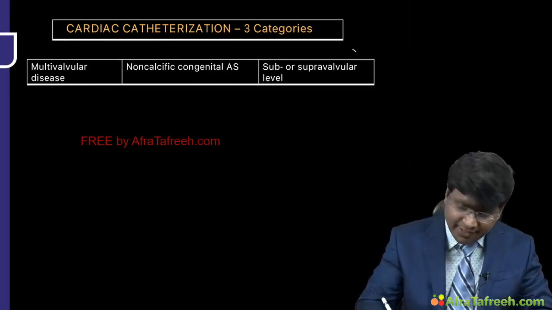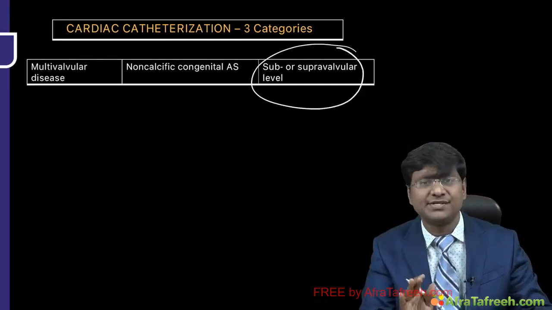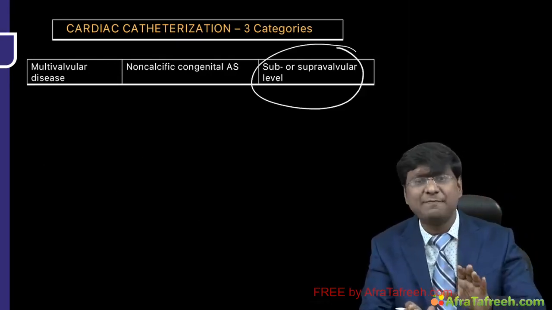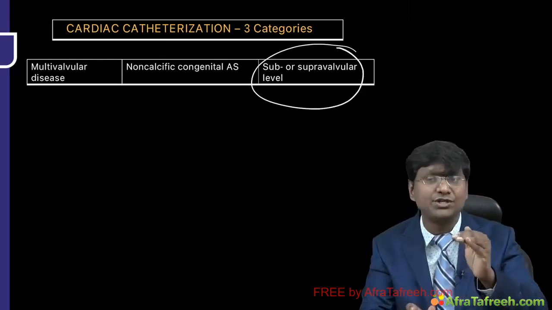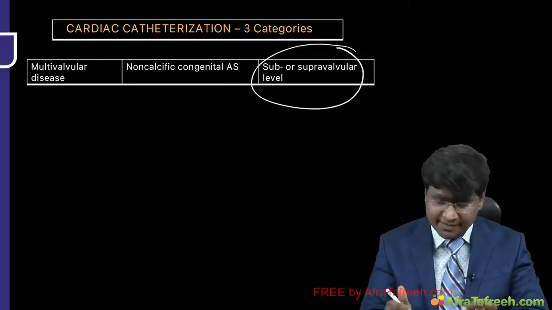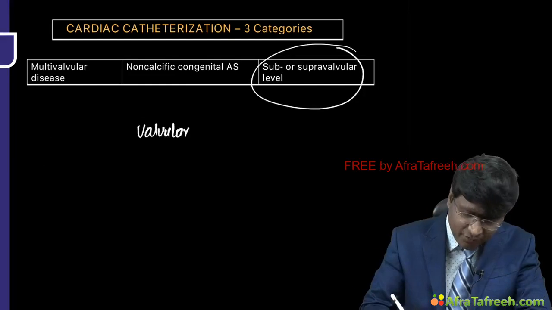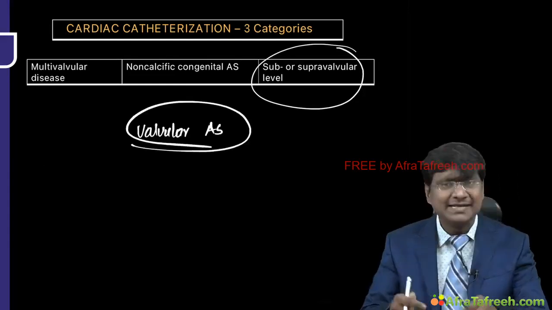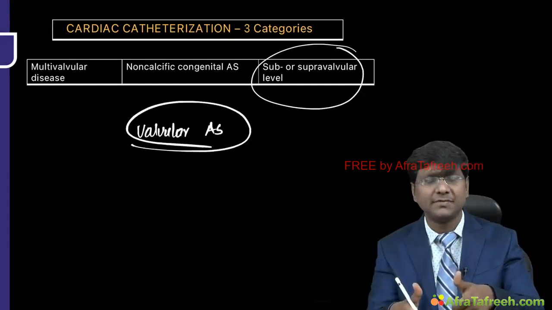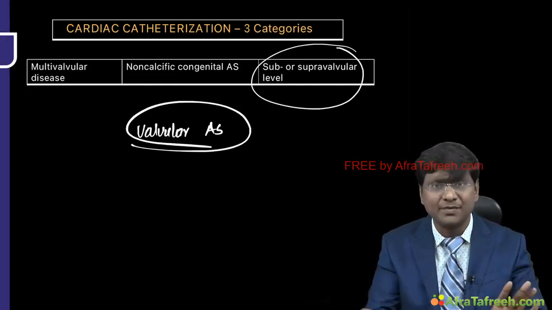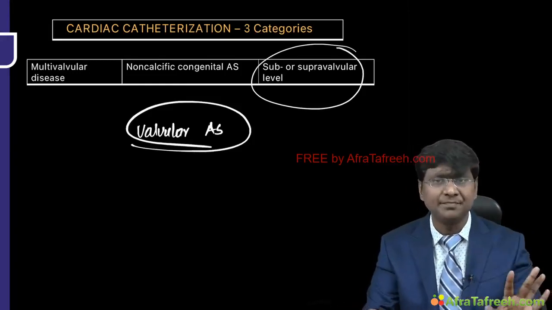Another important indication for cardiac catheterization is in a suspected case of obstruction to the LV outflow. For example, if it is valvular aortic stenosis, then it is well and good, you don't have any problem there. You can perfectly do your TAVI.